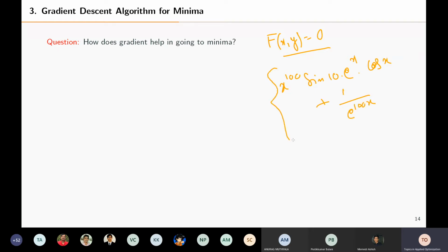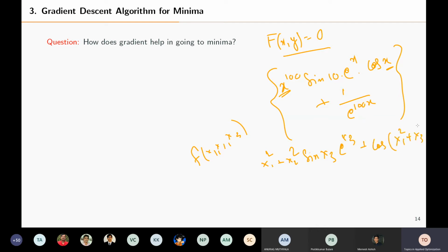Something like this, I've cooked up, and it may not be easy for you to actually find solutions. And this was just a single variable nonlinear case. But if I make this into a very high dimensional, multivariable problem, with many variables x1, x2, x3, and so on, then the function could be very chaotic, right? So x1 square plus x2 square, sine of x3, e to the x3, plus cos of x1 square plus x3 square.